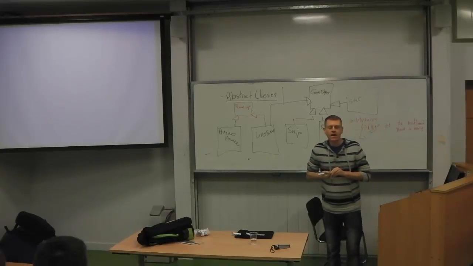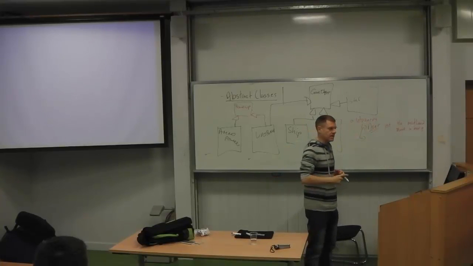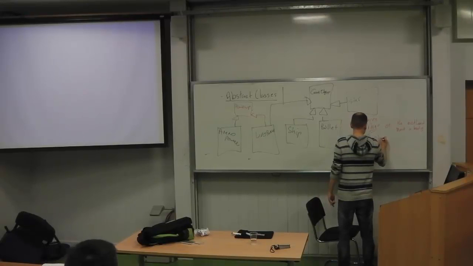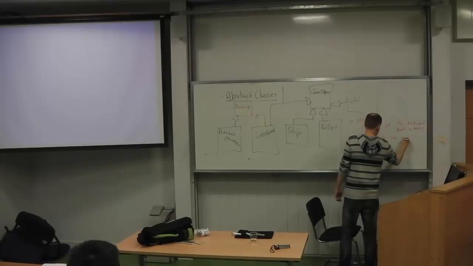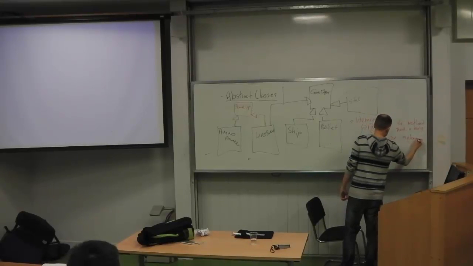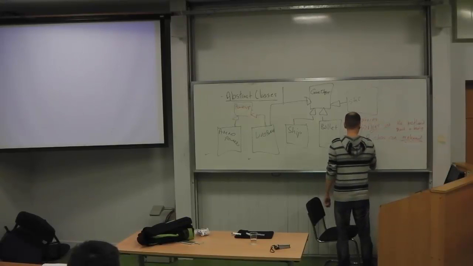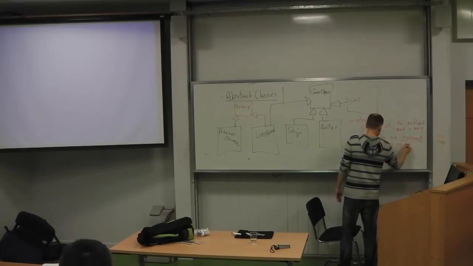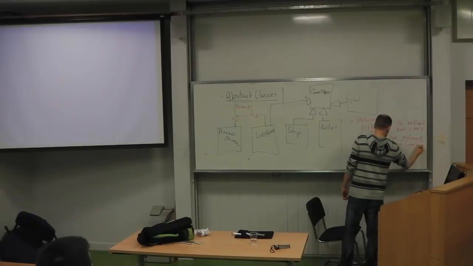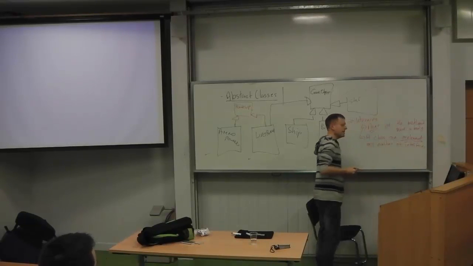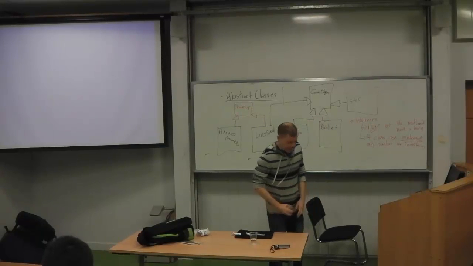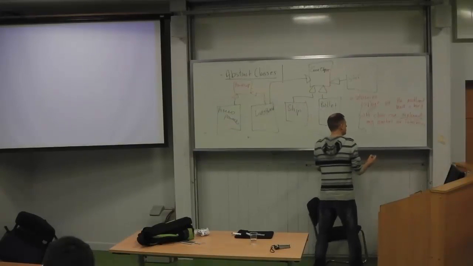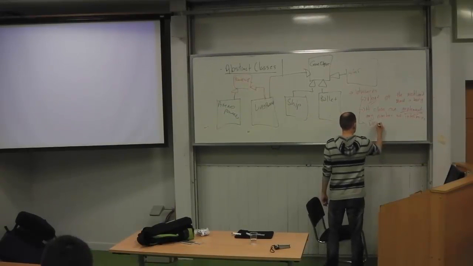Unlike inheritance, where you can only extend one base class, you can implement any number of interfaces. And the key word here is implement. A class can implement any number of different interfaces. And then the last thing to say about interfaces: interfaces are used to implement a concept called design by contract.